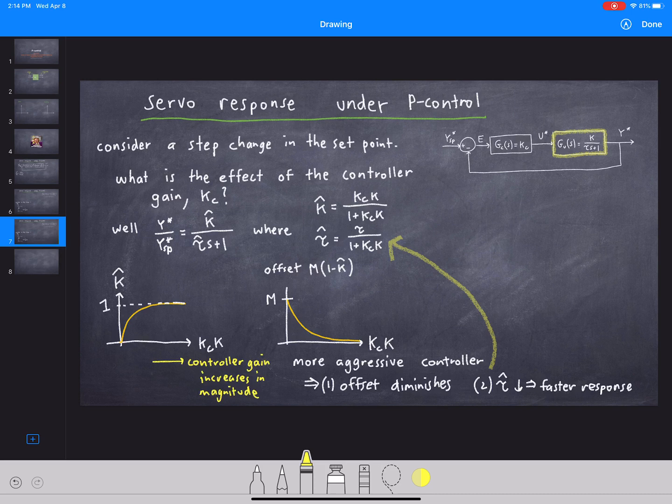And so this analysis suggests, well, why wouldn't we always just make Kc extremely large? Because if we increase Kc, the offset diminishes and we have a faster response. That's wonderful, and under this simplistic setting, in this simple model, that is what the math tells us. But in practice, that is very misleading.